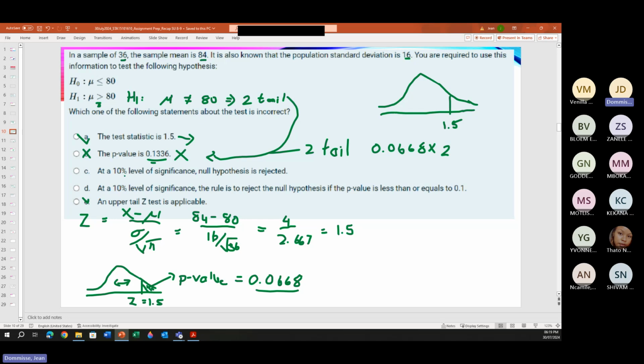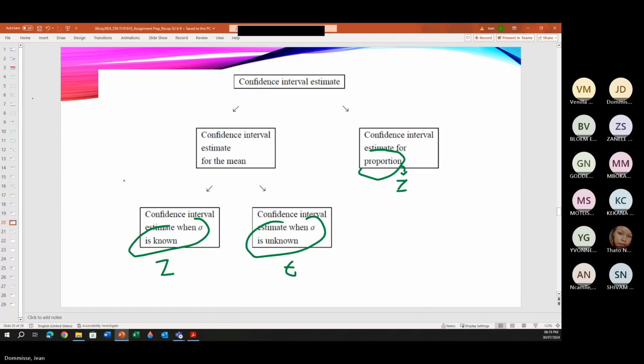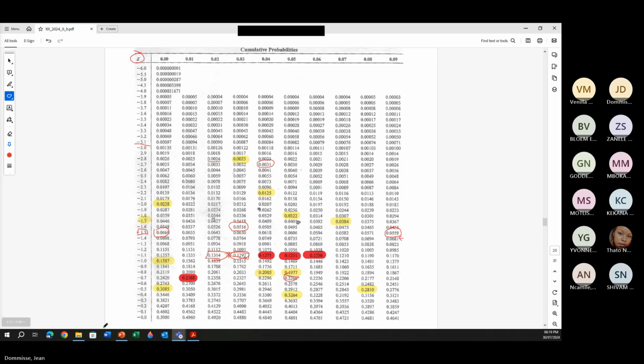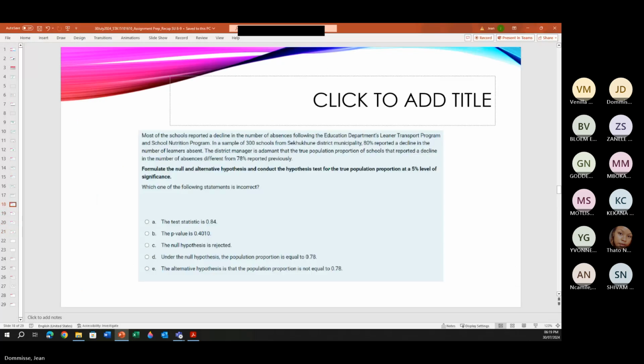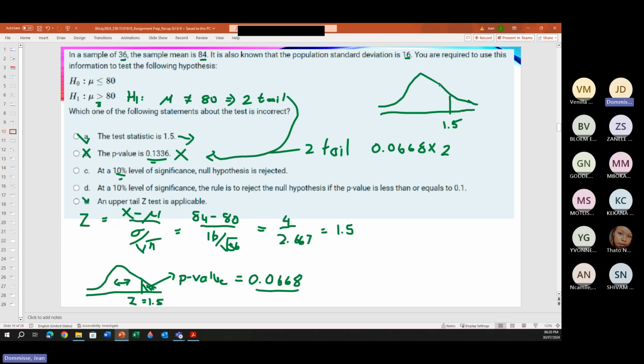At the 10% level of significance, let's look at, sorry, where is that table? Remember now, we're working with a one tail, 10%, 1,28. So there is our 1,28.